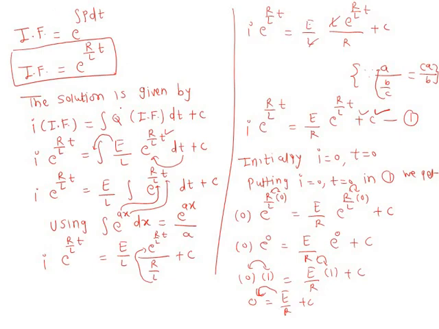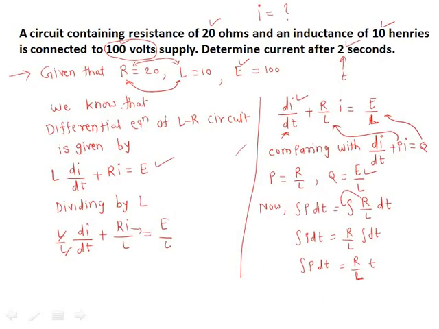Once again, we can see the complete process. It's very easy. We just have to observe what things are given out of L, C, R. Here we can see that L and R are given. Obviously E is fixed for each and every differential equation.